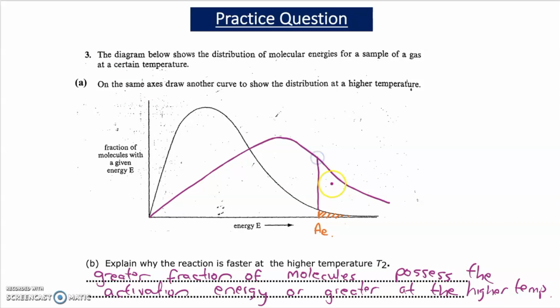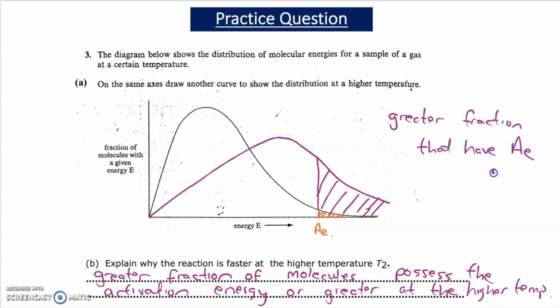Now notice when I shift the curve to the new position and look at the area under that curve, a greater fraction of molecules now have the activation energy or greater. And that's why at a higher temperature the reaction is faster. A greater fraction of molecules possess the activation energy or greater at this higher temperature.